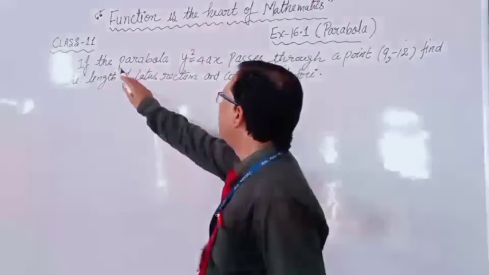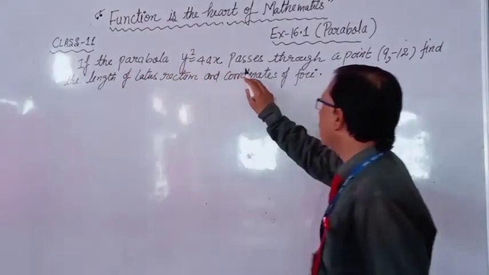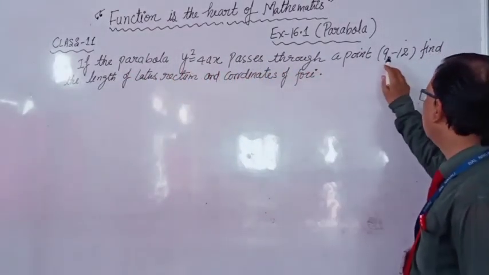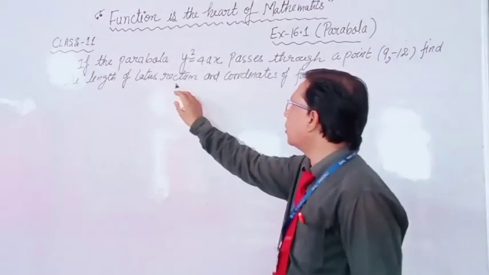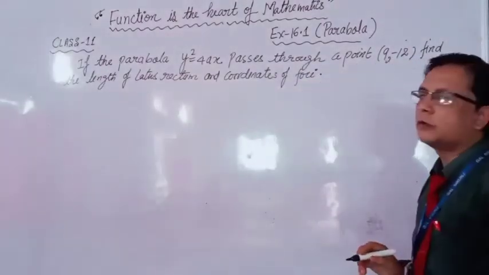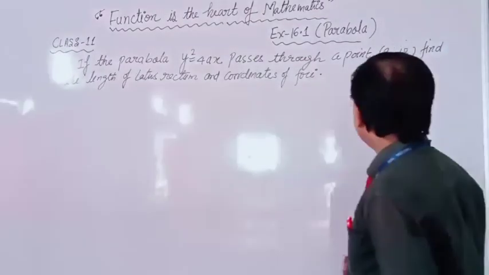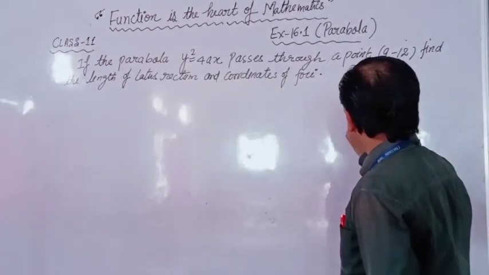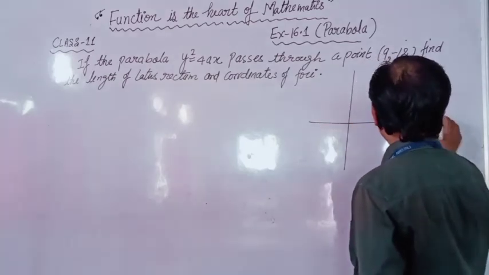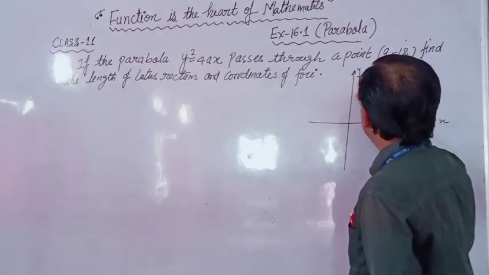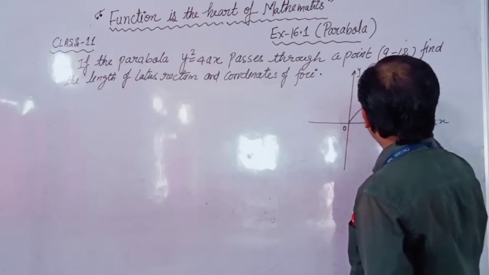If the parabola y square is equal to 4ax passes through a given point 9, minus 12, then find the length of lattice vector and the coordinate of the focus. So, let us see by the diagram.